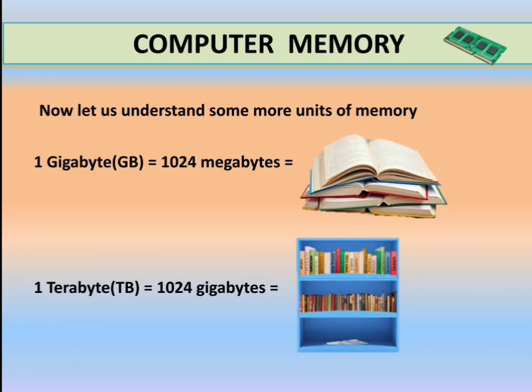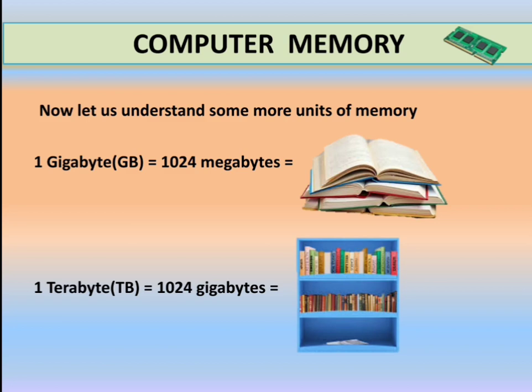The next one is 1 gigabyte. 1 gigabyte is equal to 1024 megabytes, and it is approximately equal to 3 to 4 books. If we combine all the characters written in 3 to 4 books, a computer needs 1 gigabyte of memory to store them.